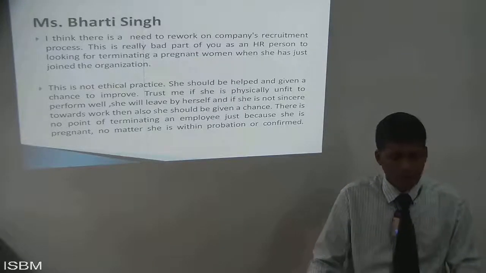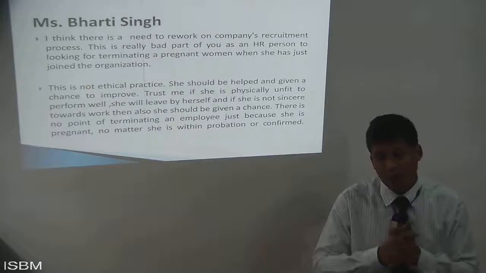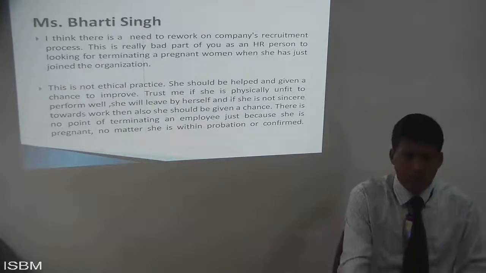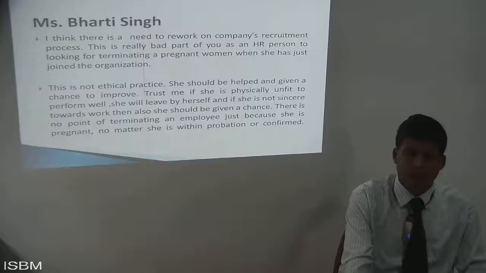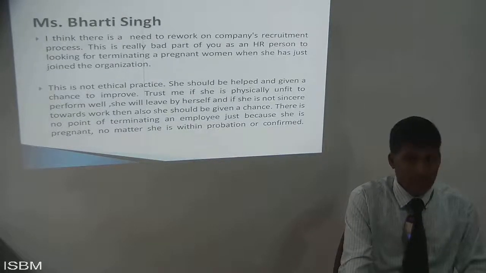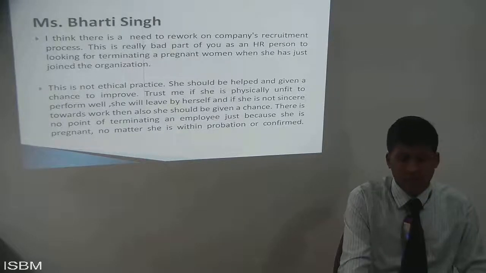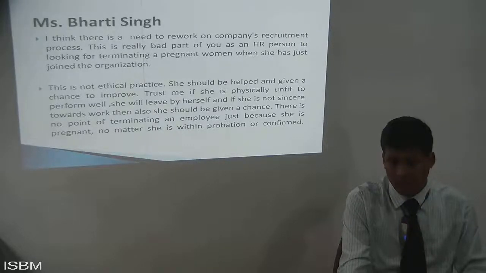Bharti Singh says that she thinks there's a need to rework on companies' recruitment processes as such. The really bad part is you, as an HR person, looking at terminating a pregnant woman just as she has joined the organization. This is not even ethical, according to Bharti Singh. She should be helped and given a chance to improve as well.